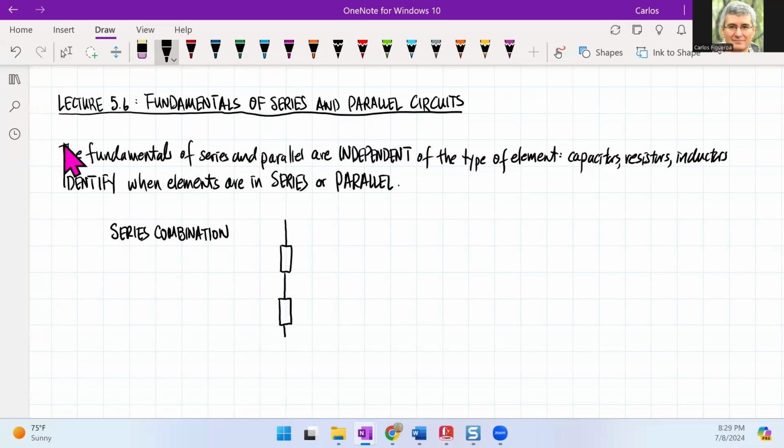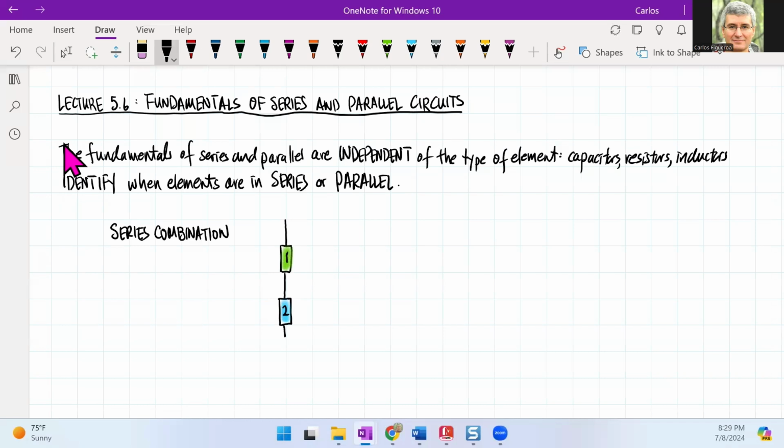like this. And what you're finding here is that in this situation, let's say that this right here, I'm going to call this element 1. This right here, I'm going to call element 2. Now remember, element 1 and 2 can be a capacitor, resistor, and inductor. It doesn't matter.